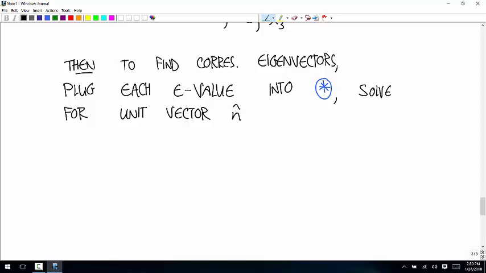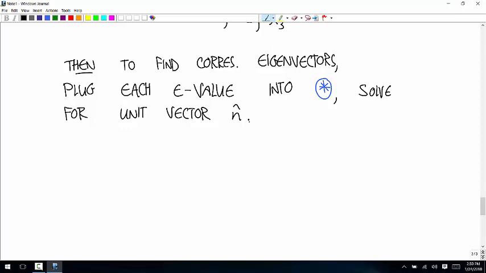And by the way, it's only unique down to a negative sign. So if one solution is 1, 0, 0 for this unit vector, the other one would be negative 1, 0, 0. You always have a vector and its opposite. That's fine. It doesn't matter which one you choose.